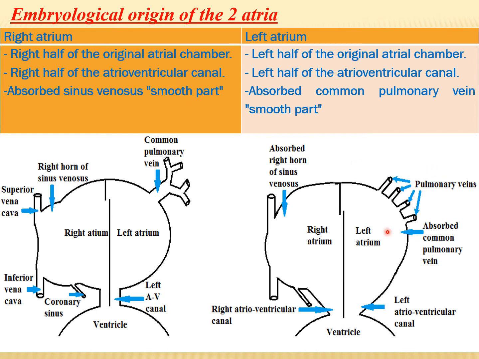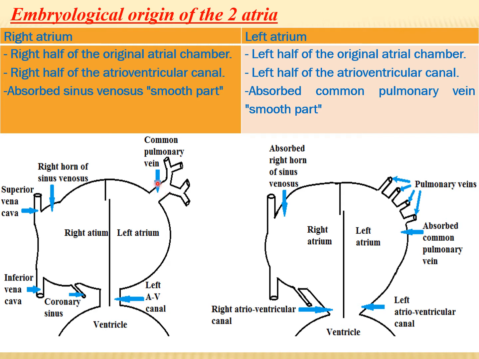On the left side, the left atrium arises from the left half of the original atrial chamber. This is the right half, this is the left half. Left half of the atrioventricular canal, and the smooth part arises from absorption of the common pulmonary vein.